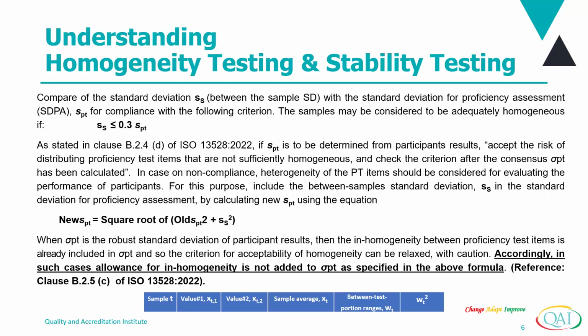In case of non-compliance or heterogeneity of the PT items, this should be considered when evaluating the performance of participants. For the purpose, include the between-sample standard deviation, SS, in the standard deviation for proficiency assessment. You need to calculate while using these terms. Here we have given the example, where you can see that SPT is equal to the square root of SPT squared plus SS squared, which accounts for the heterogeneity.